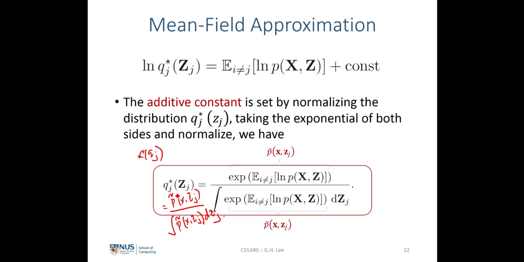This term is equivalent to what we have defined earlier as the exponential of the expectation of the log joint probability distribution of x and z, and this denominator is our partition function, obtained by integrating over zj.